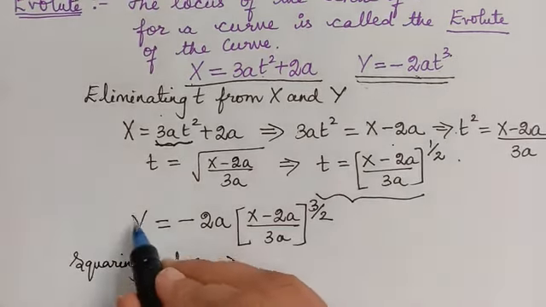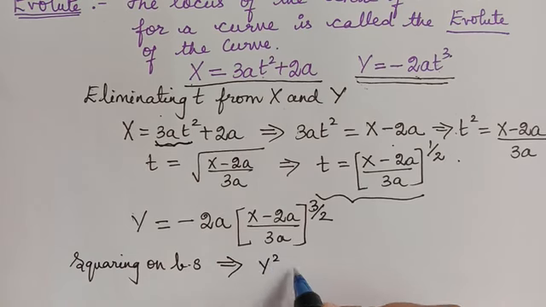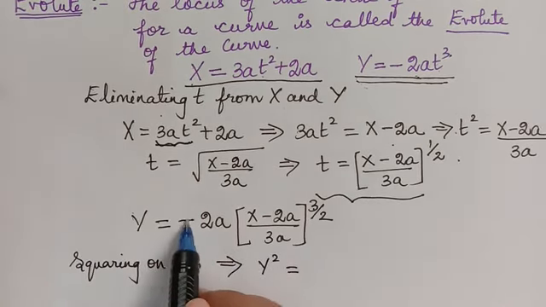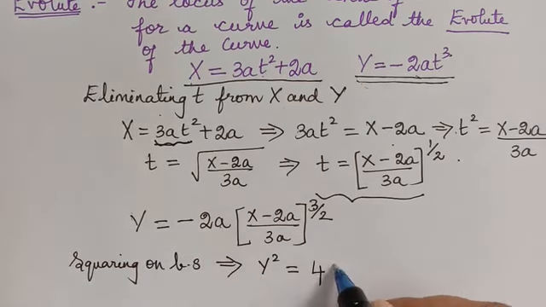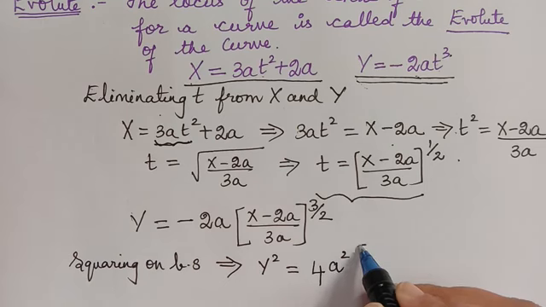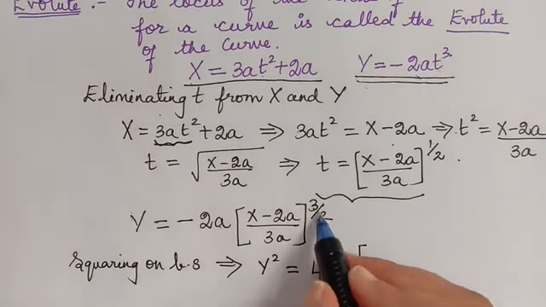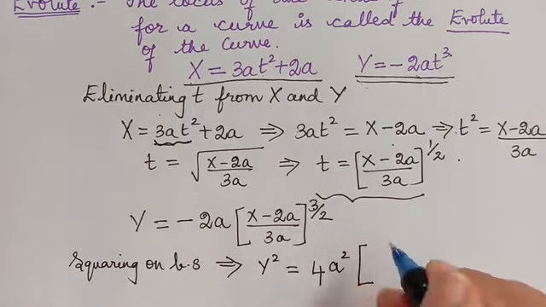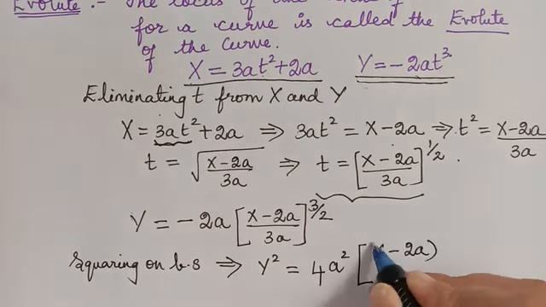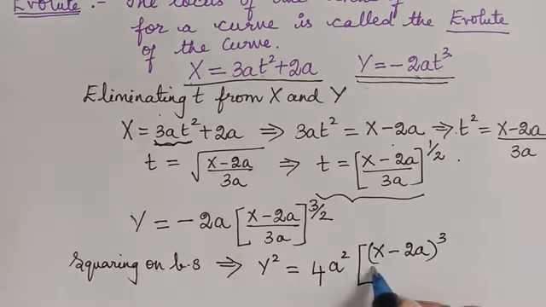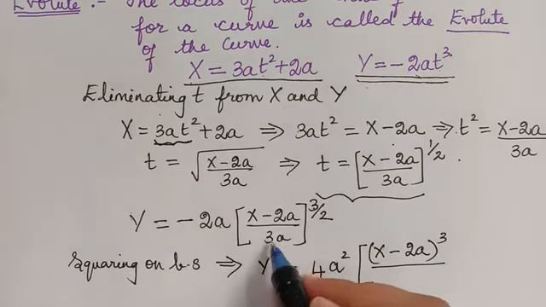Now y squared will be equal to, this negative sign, when we take the square, it will become positive. And the square of 2 is 4, and the square of a is a squared, multiplied with x minus 2a the whole cube, because the power 1 by 2 will go away as we are squaring it. This divided by 3a cube.